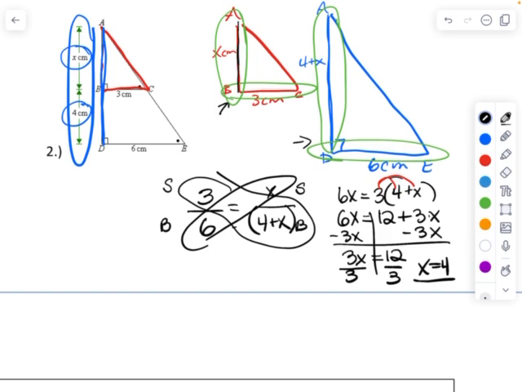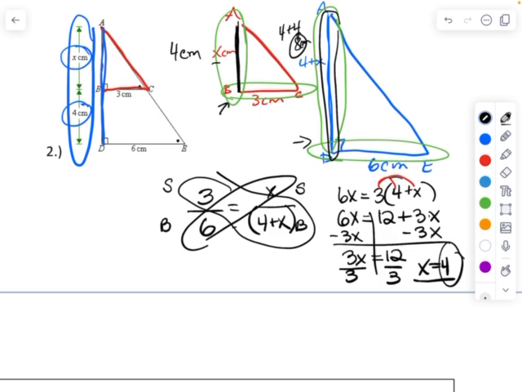So let's go back into my picture. Can I determine the side length of AB? I can. It's X, and we know that X is 4. So 4 centimeters. Can I determine my length of AD? I can. It's 4 plus X, which is really 4 plus 4, or 8 centimeters.